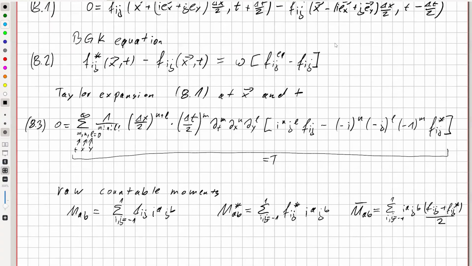So one more thing that we need to define, namely the collision moment, omega_ab. The collision moment is the sum over i, j from minus 1 to 1.